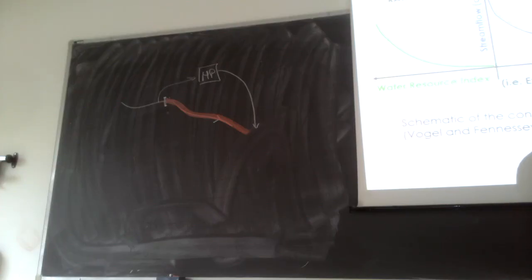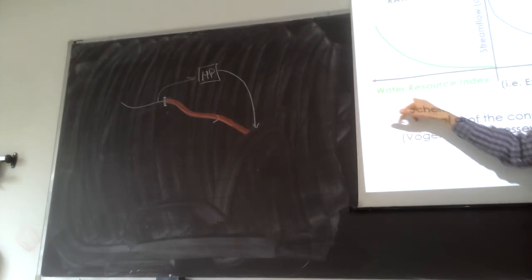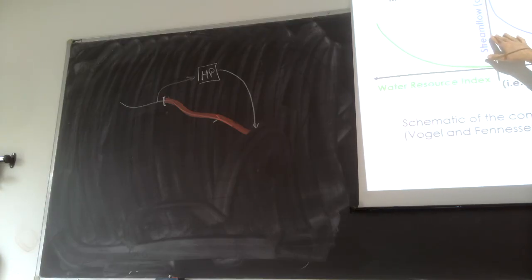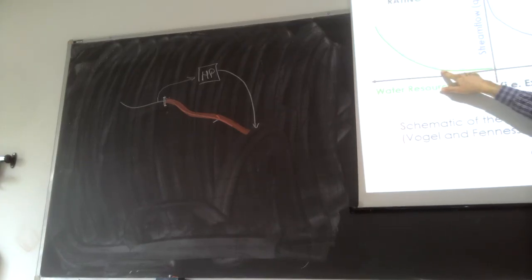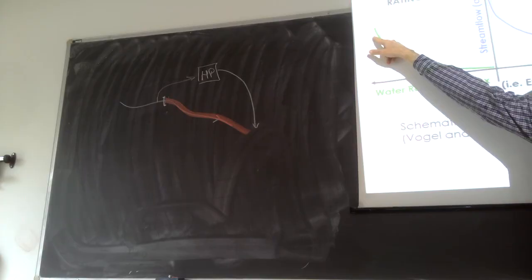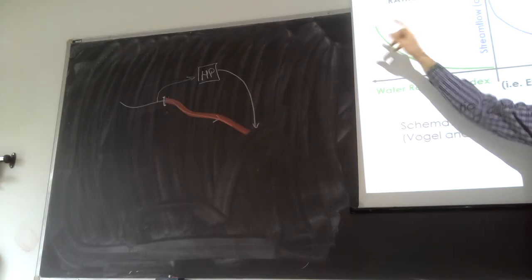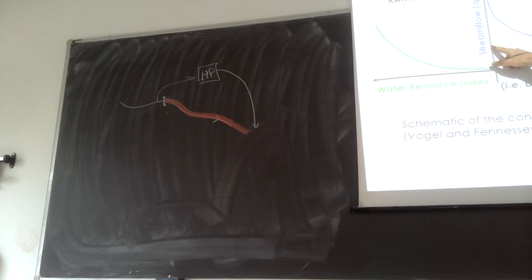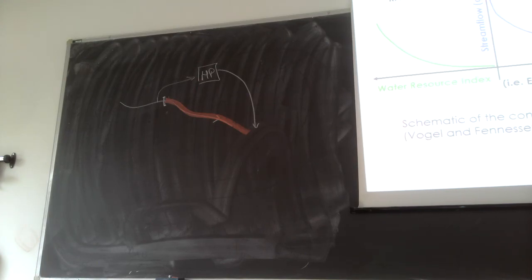Okay? In this case, there's a monotonically increasing relationship between this index and stream flow. For the sake of simplicity, let's suppose that this water resource index is the water level. Okay? If it's the water level, this is the rating curve that we discussed during the first classes of this course, right?